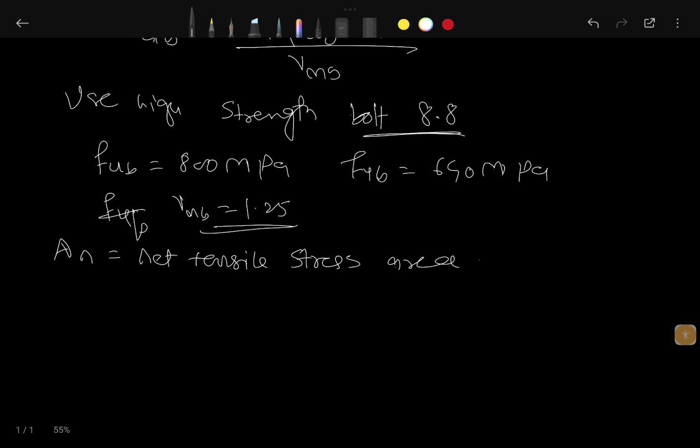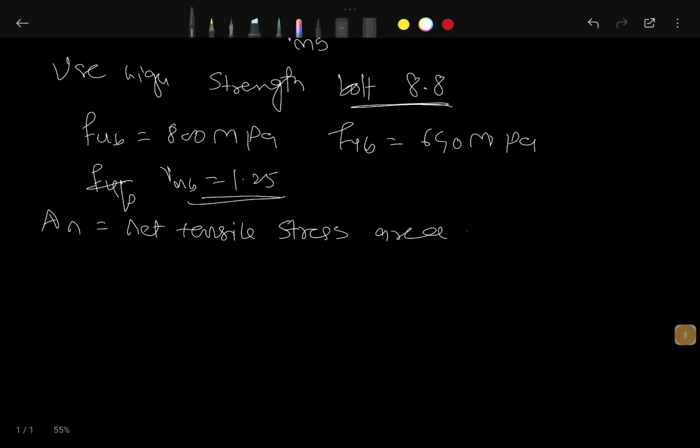So for rough sizing, we consider T_db is equal to 0.9 into 800 into pi by 4 into d square, divided by 1.25.